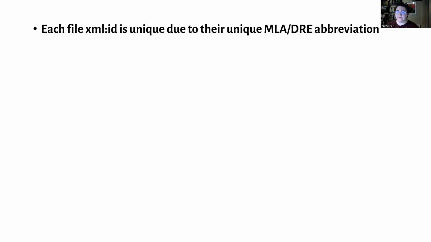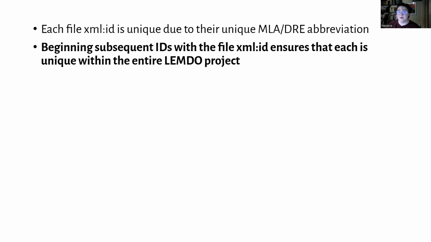So every file XML ID is going to be unique. When every subsequent ID in that file begins with the XML ID of the file, it ensures that it is unique within the entire LEMDO project because there's only one file with that XML ID, so all of its children will be unique.